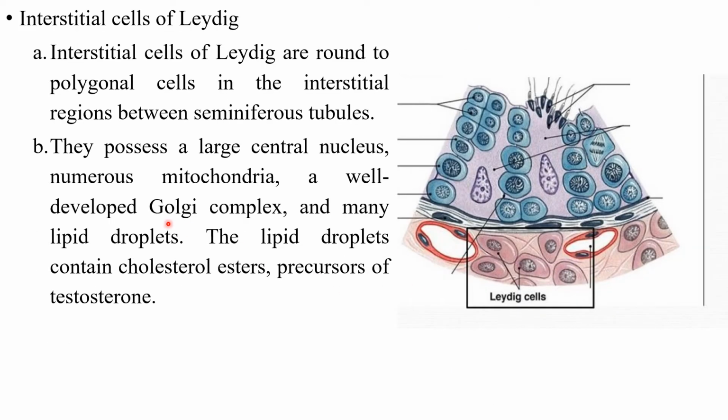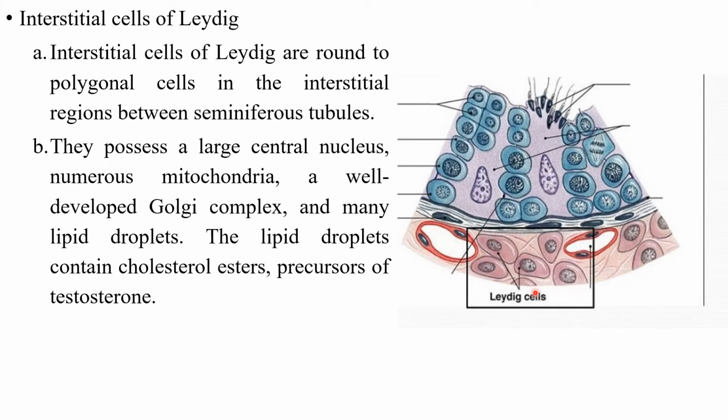Now let us see what is the importance of interstitial cells of Leydig. The interstitial cells of Leydig are round polygonal cells in the interstitial regions between the seminiferous tubules. So in between the seminiferous tubules we can see these kinds of polygonal cells, which are called interstitial cells of Leydig.